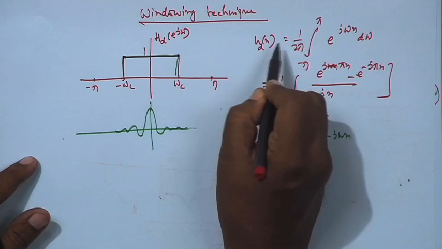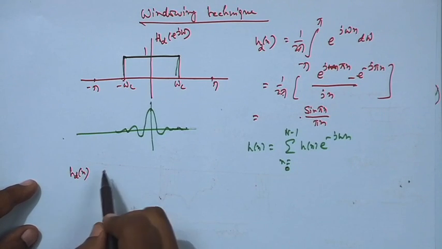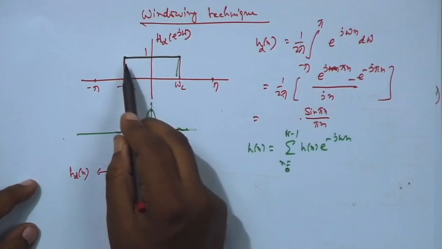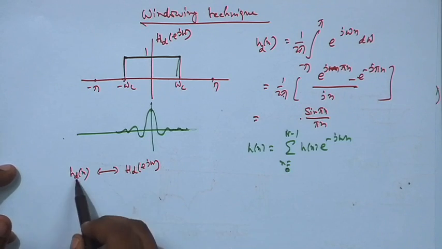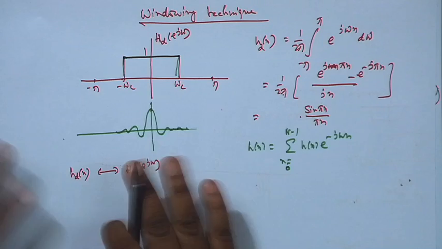But what I can do is this, let me call it h d n, d for desired. h d n is the inverse transform of, in fact, I have taken this kind of shape, it could be any shape, that is why H d e to the power j omega is your desired response, the corresponding h d n is here, and this is IIR.